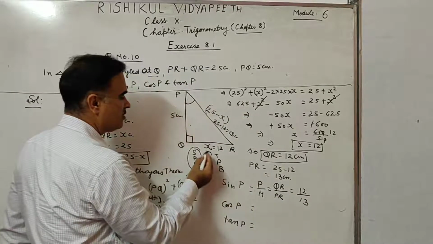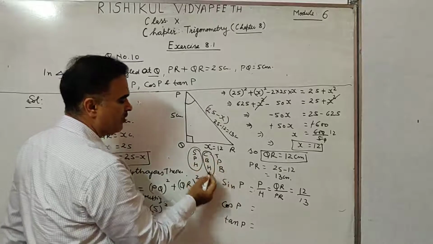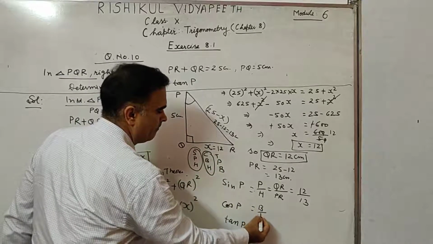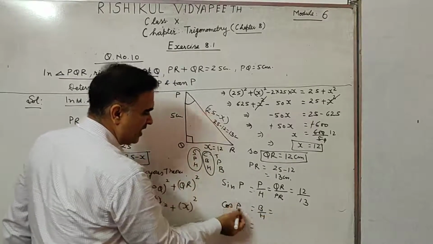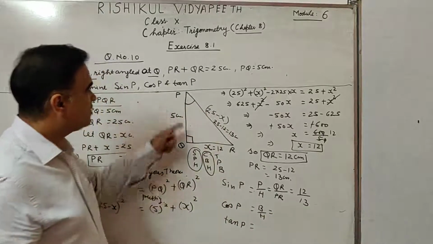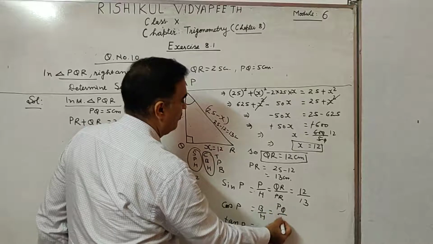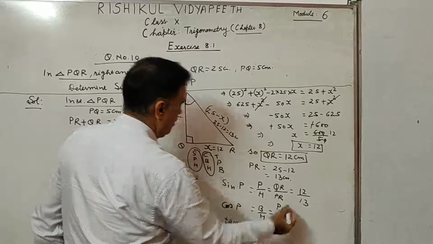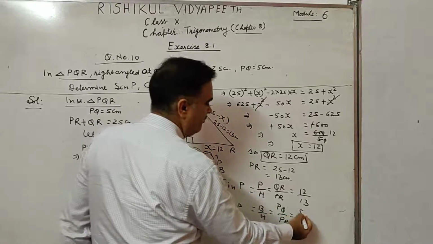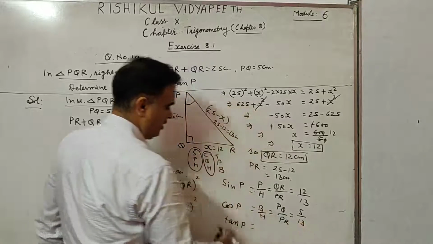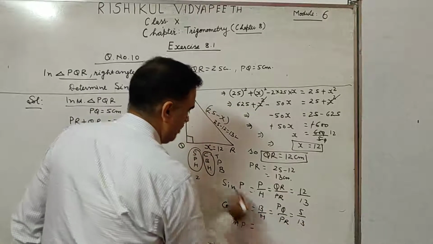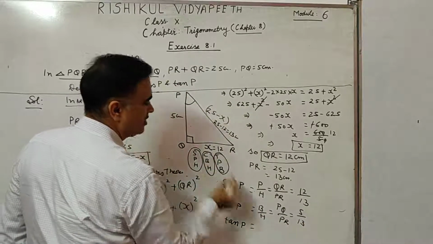And cos P, this you are to use. Cos P is base by hypotenuse. And P is the angle. With the help of P, what is the base? This is PQ. This is PQ upon PR. What is PQ? It is 5 upon 13. Tan P. Tan, you know, is perpendicular upon base.